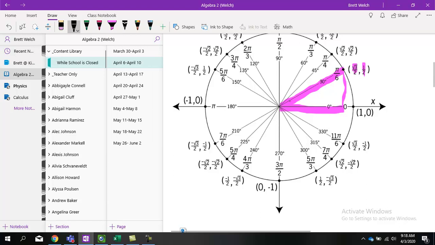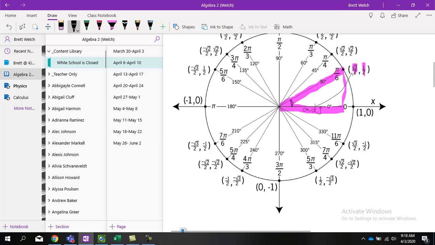And so if we came back here and said, okay, there's our 30-degree angle right there, this adjacent side, which we've called the adjacent side (ADJ) for a long time, turns out to be the same length as the x-coordinate.